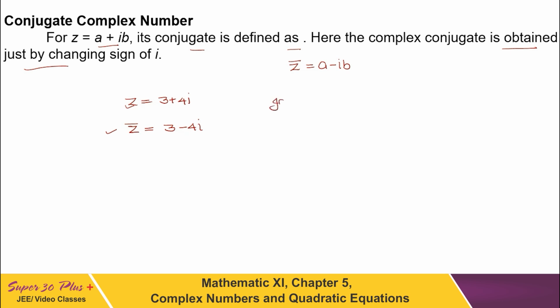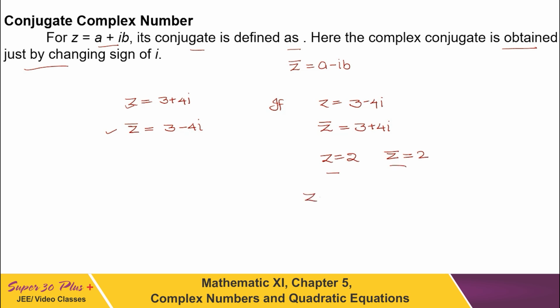If z is equal to 3 minus 4 iota, then the conjugate of z, z bar, is equal to 3 plus 4 iota. If complex number z is equal to 2, then the conjugate of z, z bar, is also equal to 2, because there is no iota, so there is no difference between z and z bar.